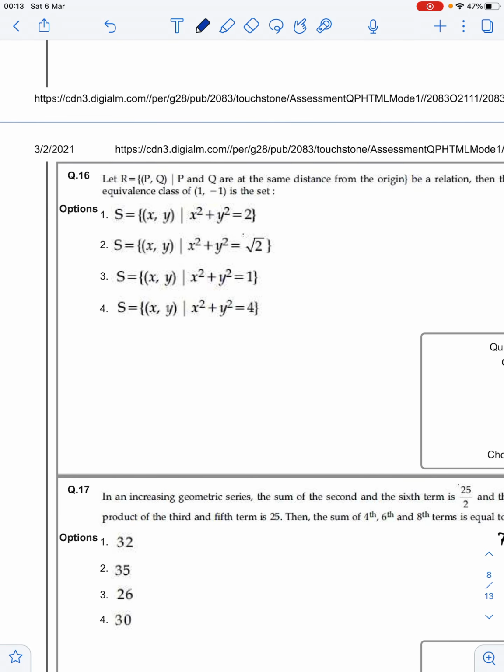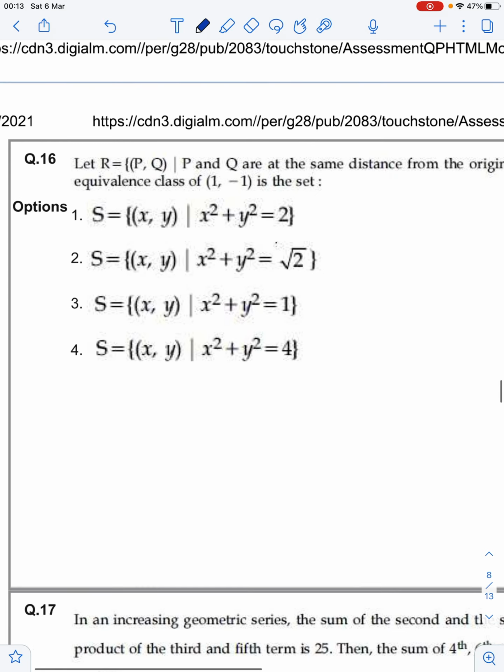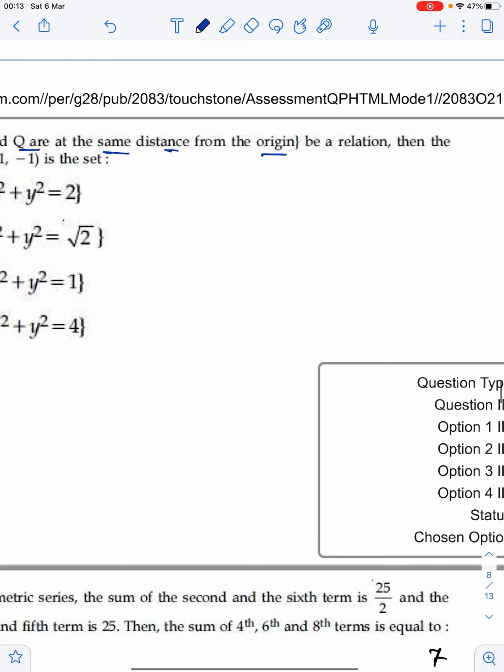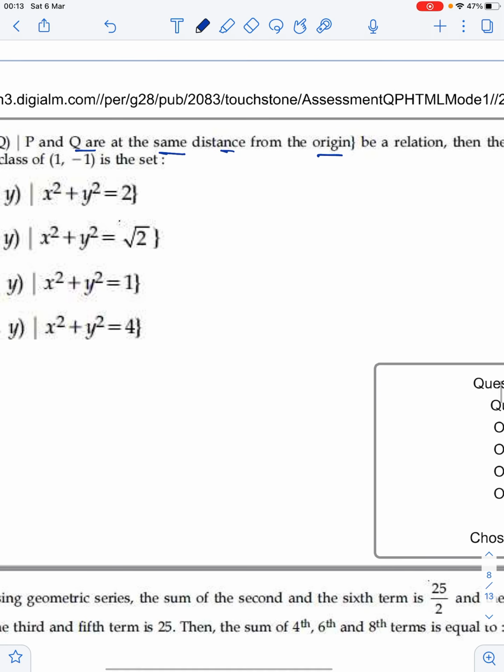Question number 16 is pretty straightforward. They say that there is a relation R which relates P and Q, so that P and Q are at the same distance from the origin. So the relation holds only when they are at the same distance from the origin.